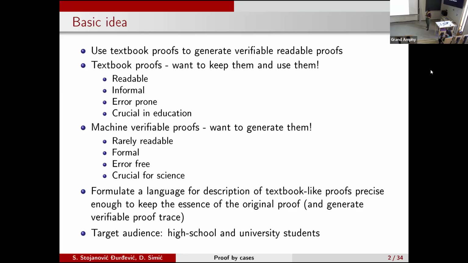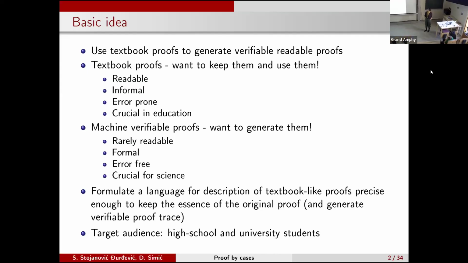So if we want to look at the differences between textbook proofs and machine verifiable proofs, as we all know, textbook proofs are meant to be readable. If they're not readable, they will not be in the textbook, or not in a few editions of textbooks. So they need to be readable and easily understandable.